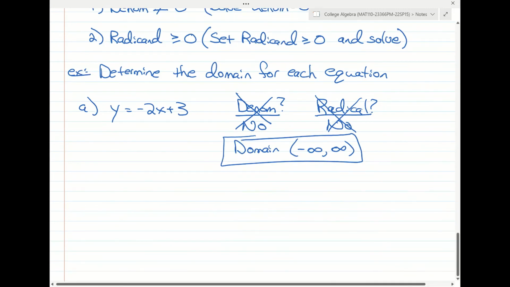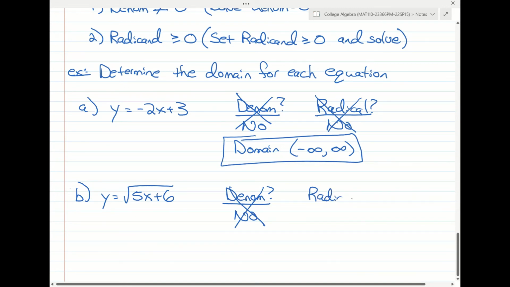What about if we had a problem like this, where y is equal to the square root of 5x plus 6? Do you see a denominator here? No, right? Do you see a radical? Yeah. So the way that we handle radicals is we make the radicand 5x plus 6 greater than or equal to 0.